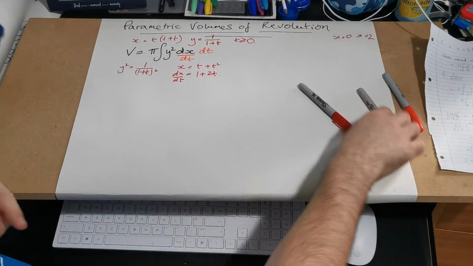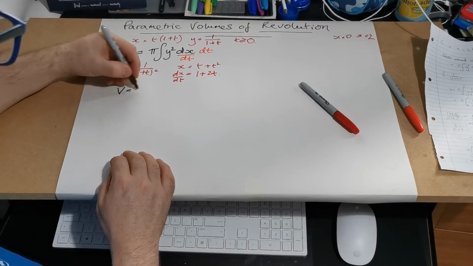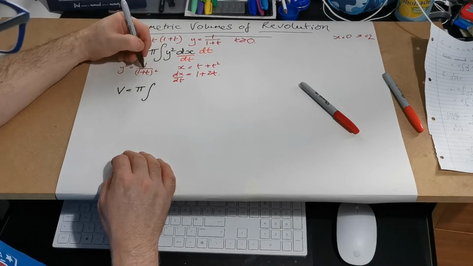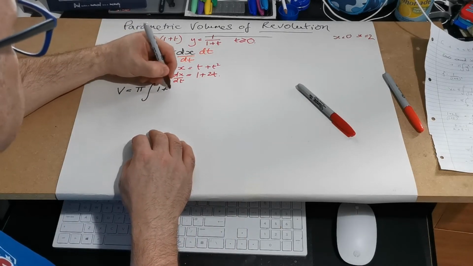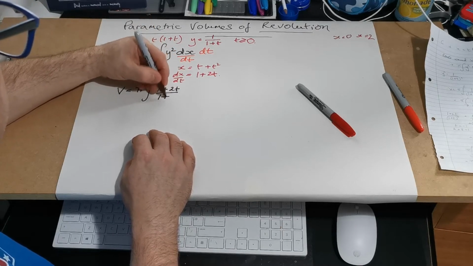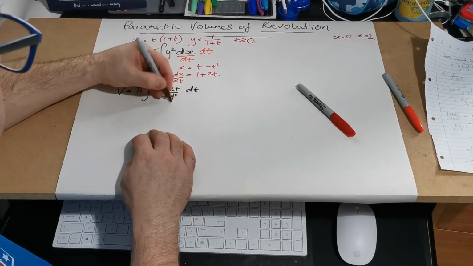So my integration so far is going to come to pi times the integral of 1 over (1 plus t) squared times (1 plus 2t), so that's (1 plus 2t) over (1 plus t) squared dt.